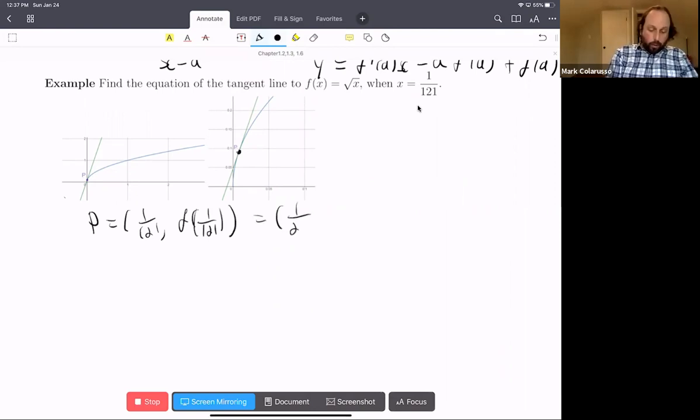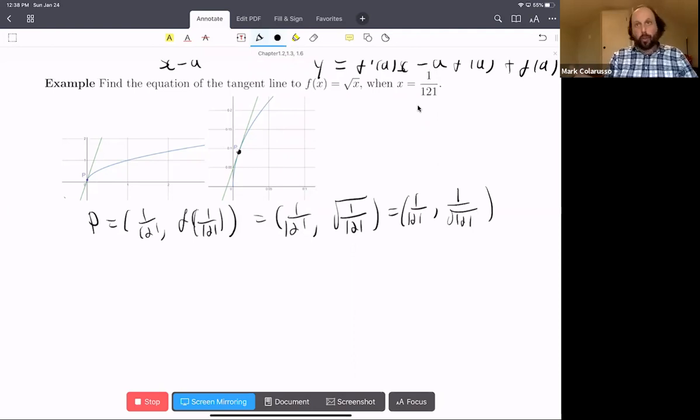It's the root of 1 over 121, so that's 1 over the root of 121. And you have to remember that 121 is 11 squared. So the point in question is 1 over 121, 1/11.